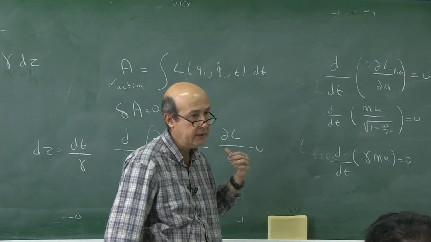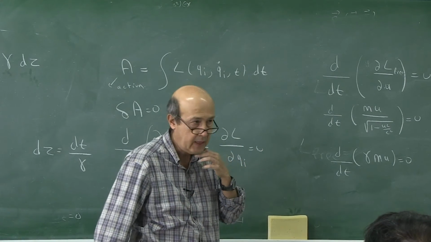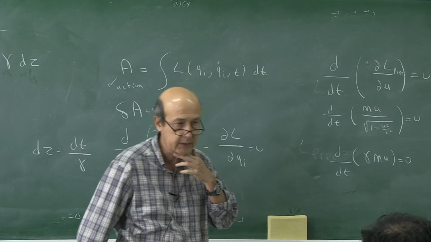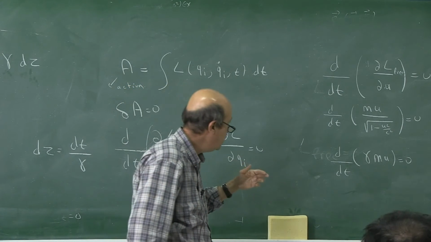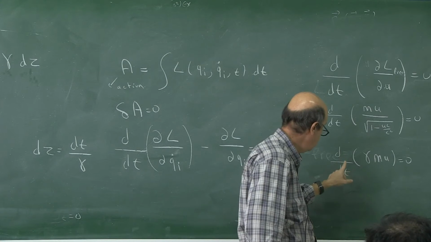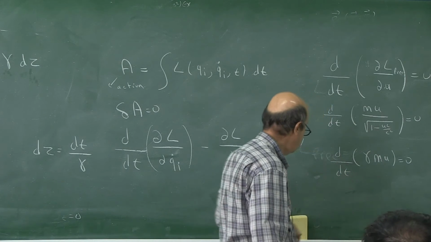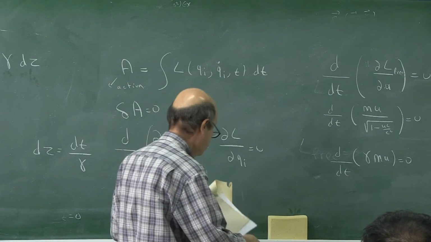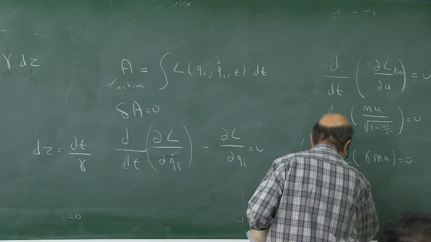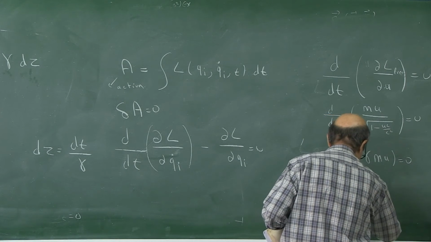Now we defined the Lagrangian of the free charged particle, and we found the equation of motion. So this term in the d over dt has to be momentum. Therefore, momentum is gamma mu.